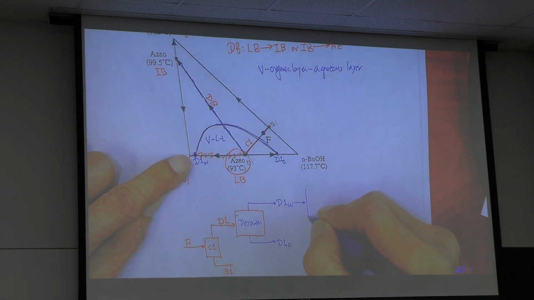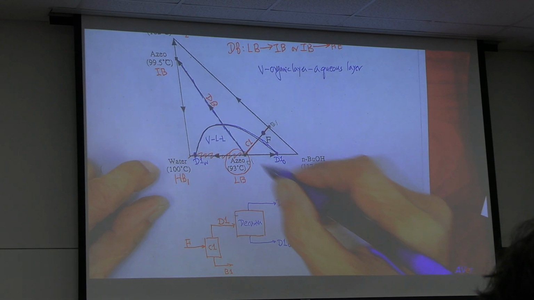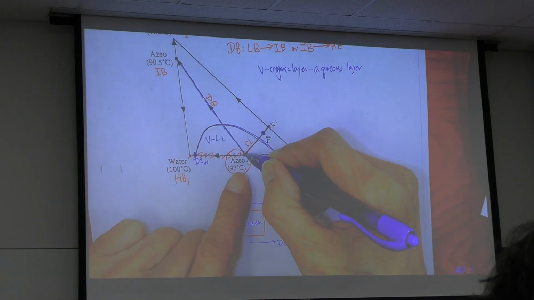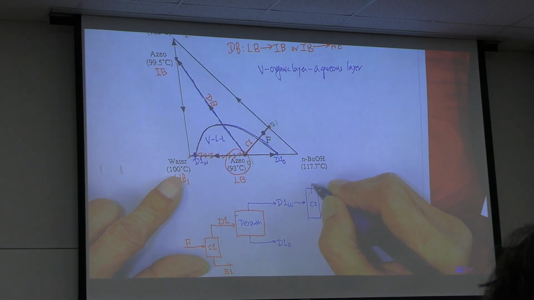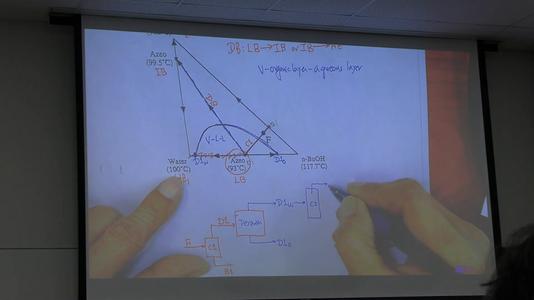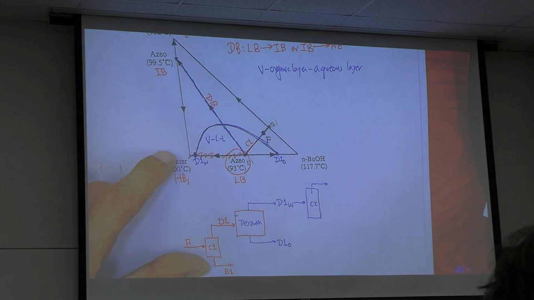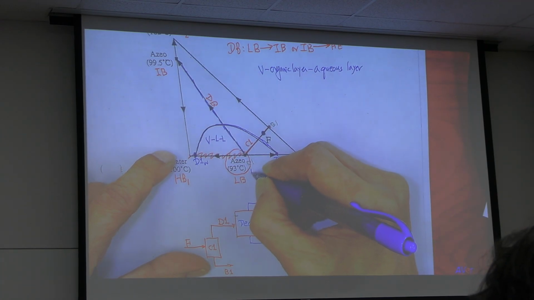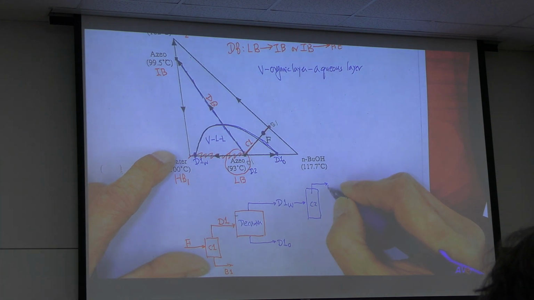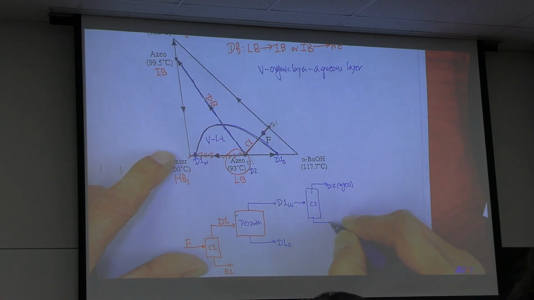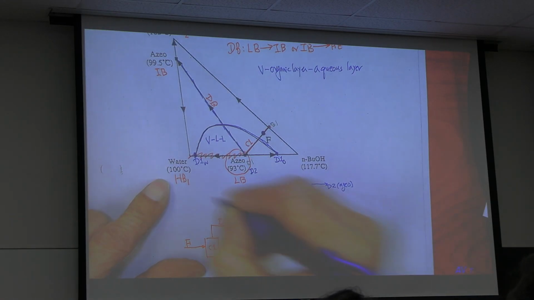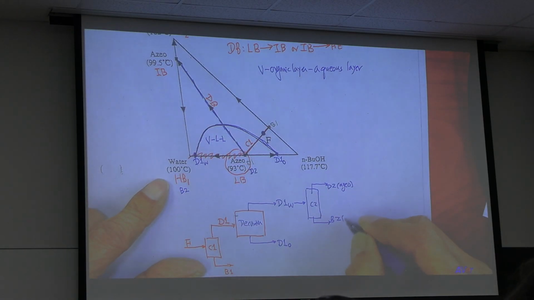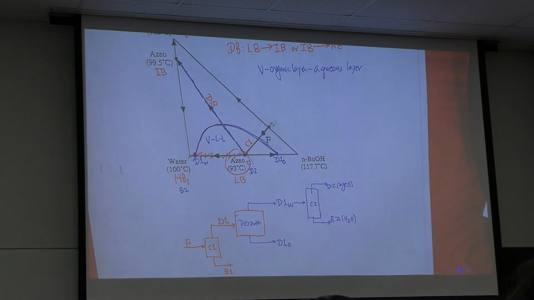So you can go to a column, C2, overhead 93, bottom 100. This is also B2, water, right?